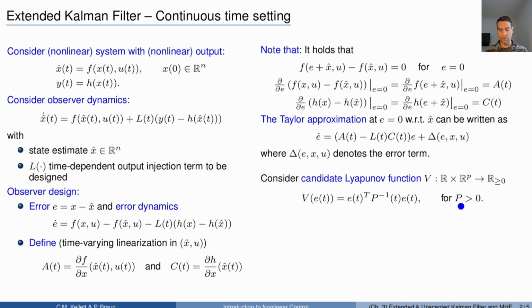We simply assume for now that P is positive definite for all times t. And that will be the next step, designing P and L in such a way that the origin of this system is asymptotically or exponentially stable.